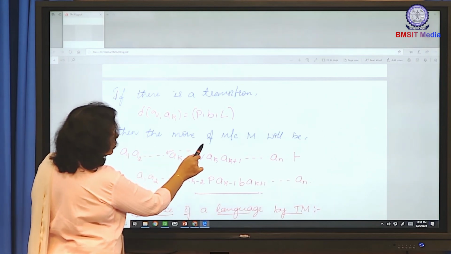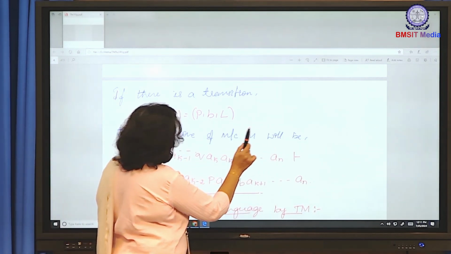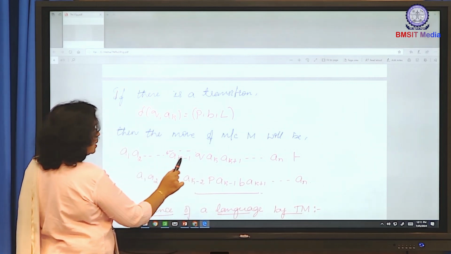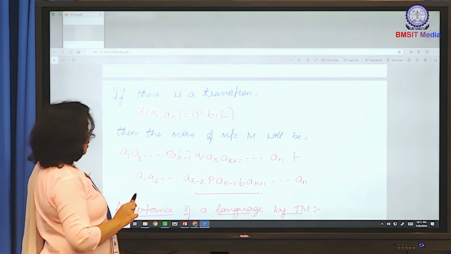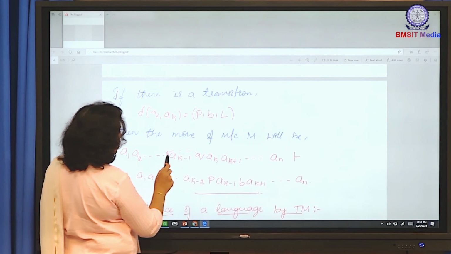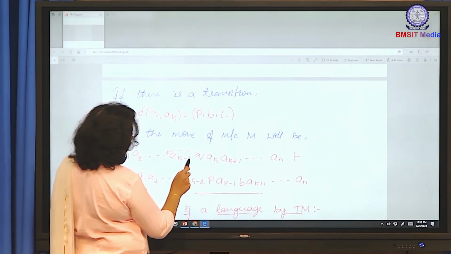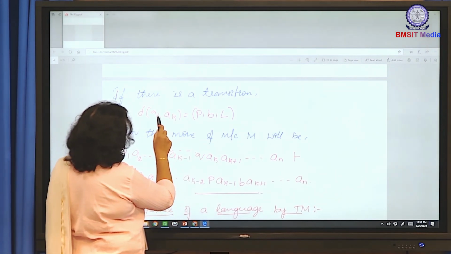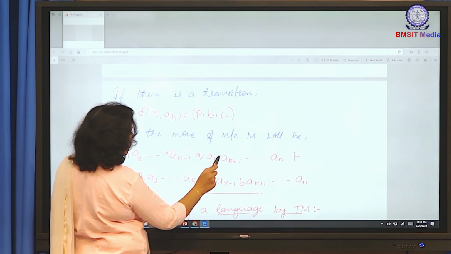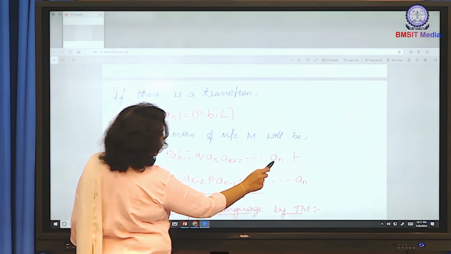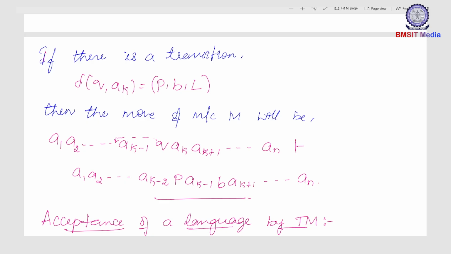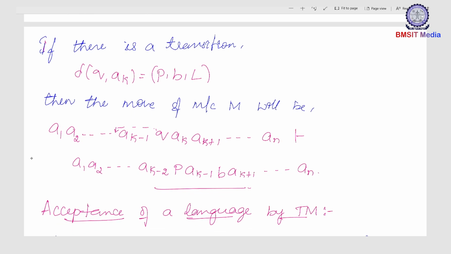Then the move of the machine M will be, see this is the present configuration, A1, A2, so on up to AK minus 1, Q, AK plus 1, so on up to AN. Now we have to make a move.